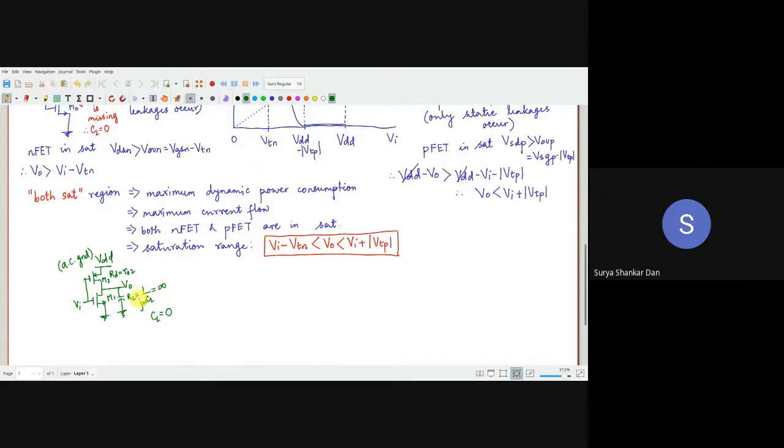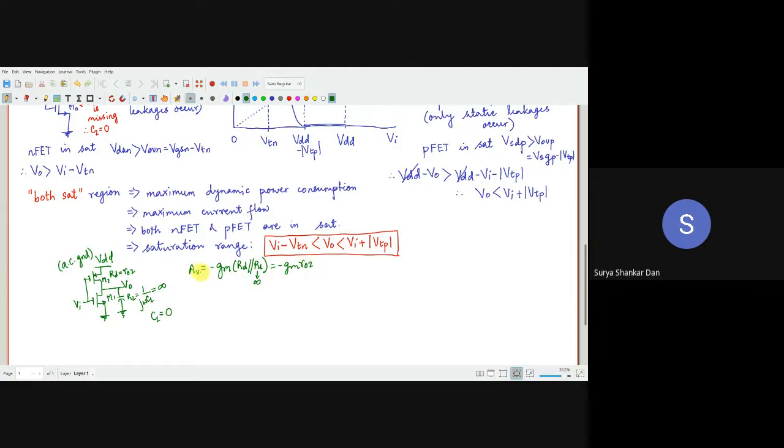The concept is clear. Now let us find out, if the load was here, what was the gain? Av will be equal to minus gm into RD parallel RL. Now, if RL tends to infinity, this is simply minus gm into RD. In this case, RD is RO2.